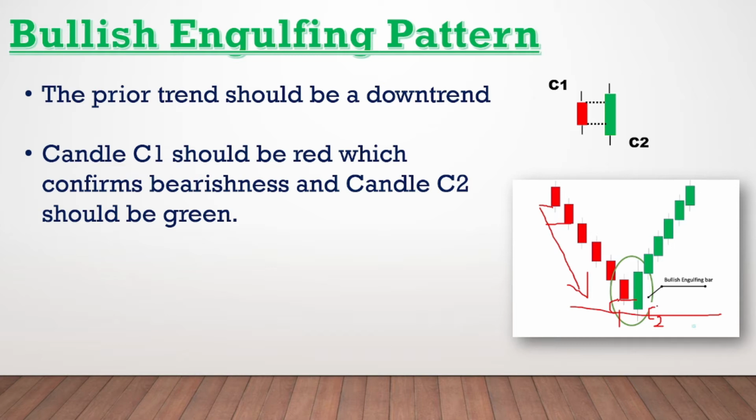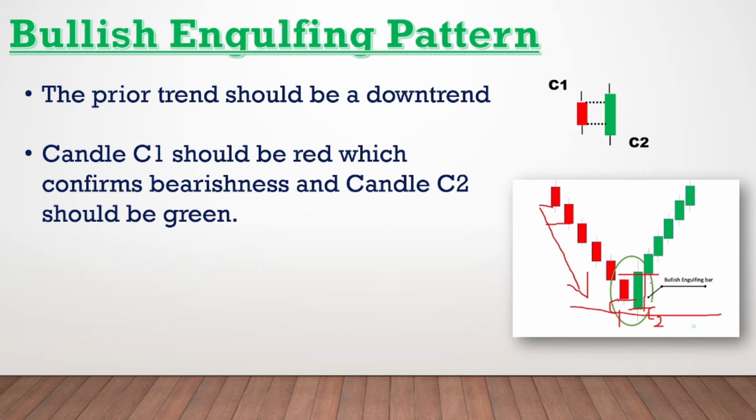Candle C2 also opened lower compared to the previous day's close. Since the bears are in absolute control, they try to bring the stock to lower levels, but at this price point buyers came into the market, pushed the stock to higher levels, and made it close at a new high in the trading session.